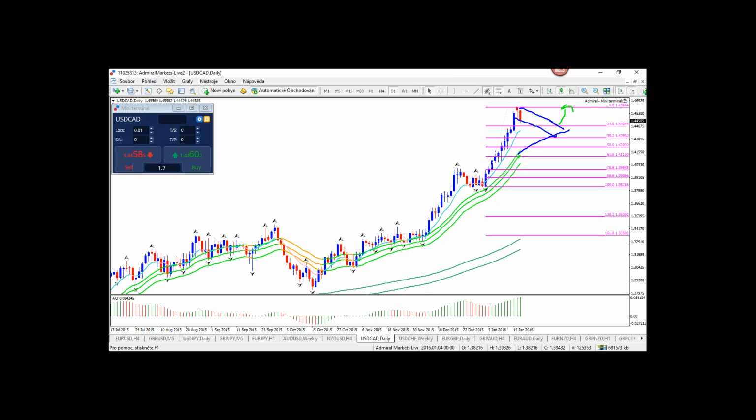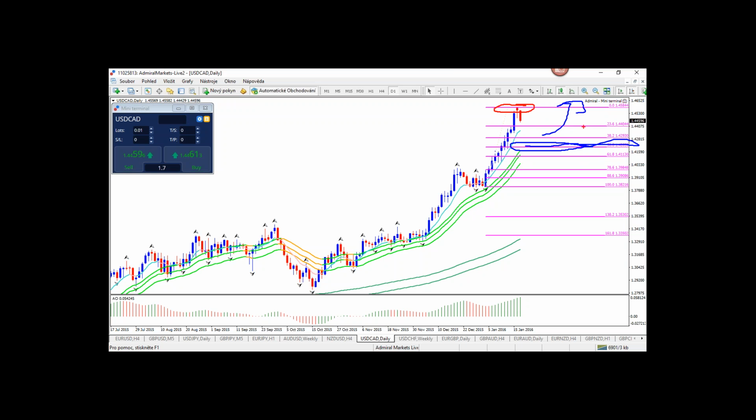It depends where those moving averages will be, but I can see they'll probably be there. If a bull flag happens, they're probably already at the moving averages. No, so I don't see it breaking below the 38.2 fib, to be honest. Max 50, I would say, before we should break this top.